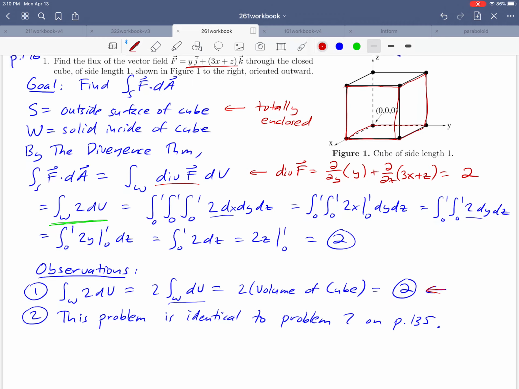You had to add all of those together and come up with this answer of 2. Notice how much easier our way of doing this problem was. We were able to come up with an answer of 2 just using one triple integral. It really illustrates the power of the divergence theorem. It really makes flux integrals easy. The one catch is our surface has to be totally enclosed to use this method. It works great in that situation, but that's its limitation. In future examples, we'll try this out and see how it works for other problems.